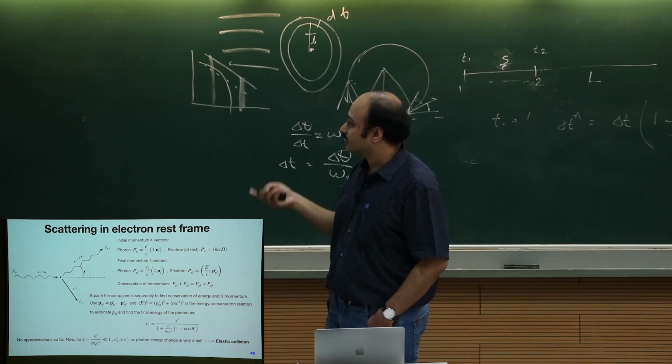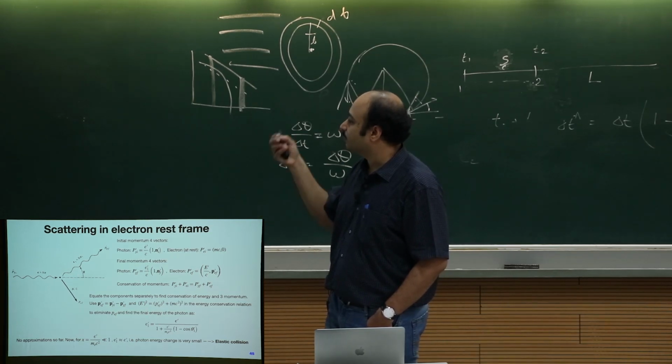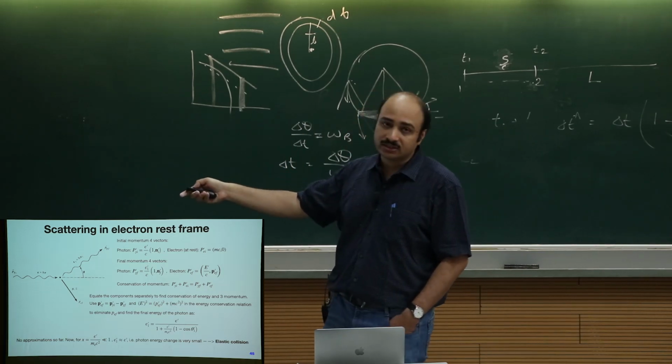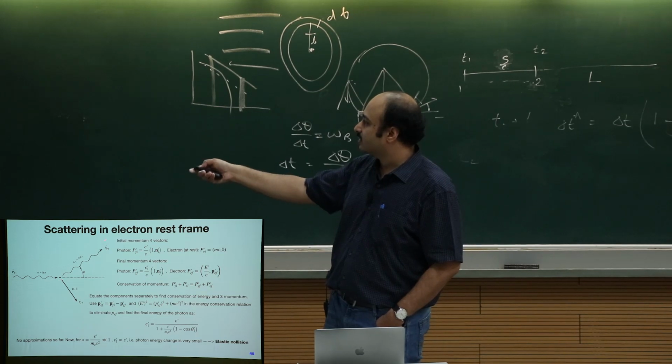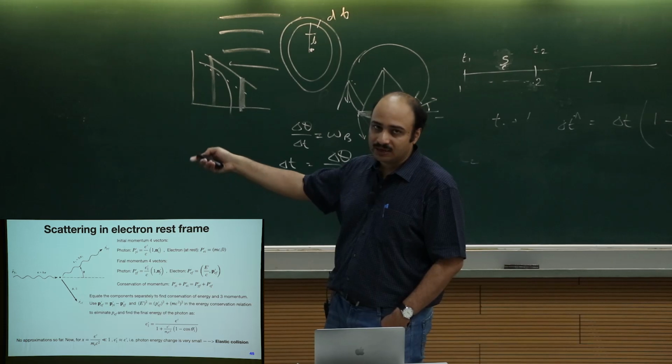The four momenta are conserved, of course. And from these conservation relations, you can find the energy of the scattered photon. So what we do here is, this is in the rest frame where the electron is initially at rest. The photon comes and hits the electron and gets deflected in a different direction, and then the electron picks up some energy. That is how you balance the momentum equation.